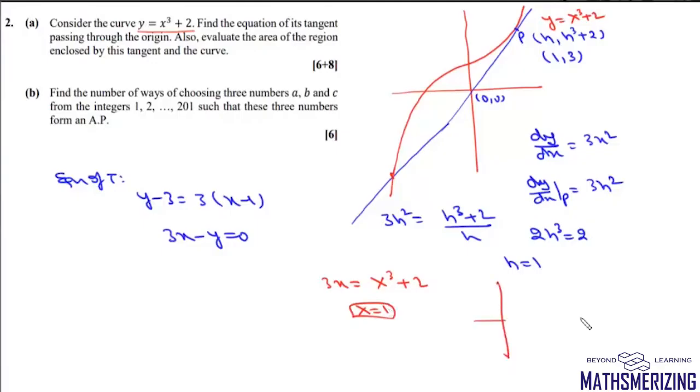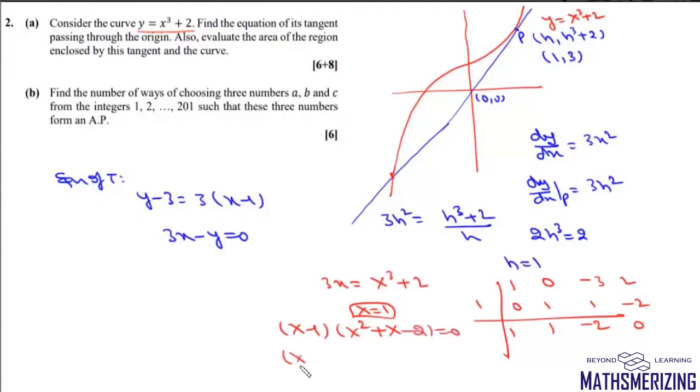If we use synthetic division, we can write 1, 0, minus 3, 2, and this is 1. So this is 1, 1, minus 2, it will be minus 2, 0. So if we factorize it, we'll get x minus 1 and then x square plus x minus 2 equals 0. So it will be x minus 1 and then x plus 2. x minus 1 equals 0. So either the value of x is 1 or the value of x is minus 2.